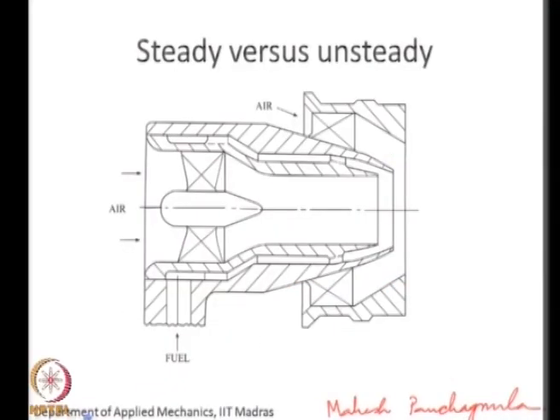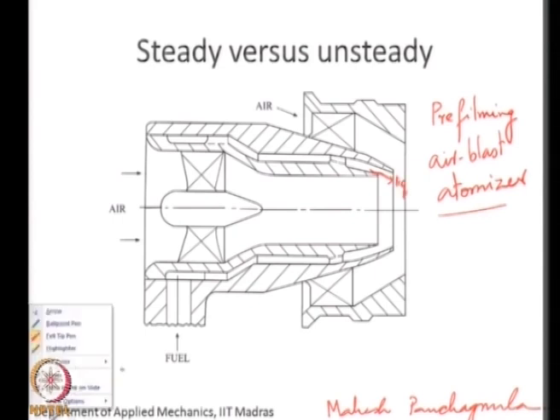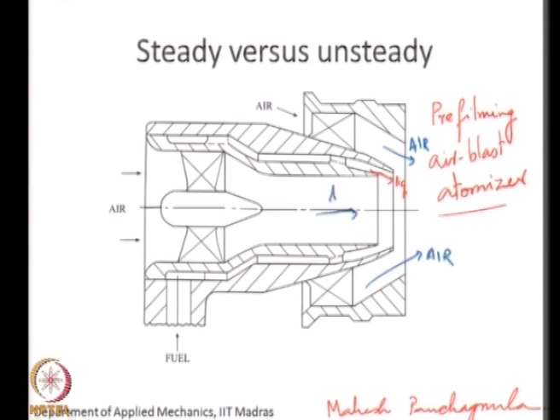Okay, so now let us see what unsteady versus steady means, and we will take the example of what is called a pre-filming air blast atomizer. We have seen a design of this. In the context of the various nozzle types, you have liquid coming out of here and air moving through both an inner passage and an outer passage.